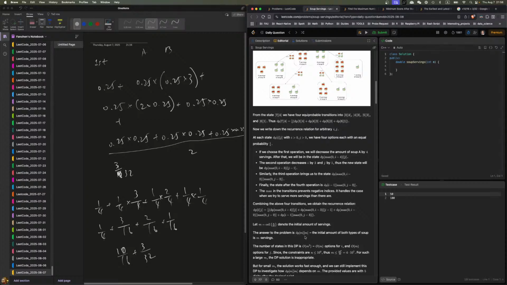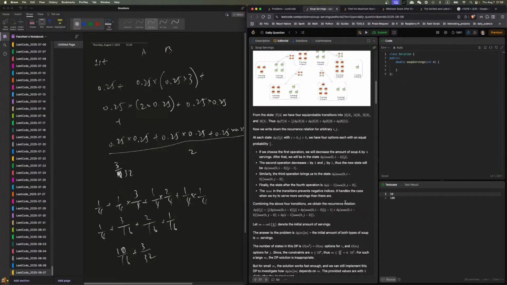I don't understand this sentence. I mean, I understand this DP process, but this process, the initial amount of both types of soup is m servings. I don't understand.